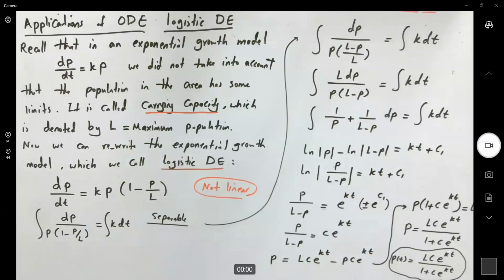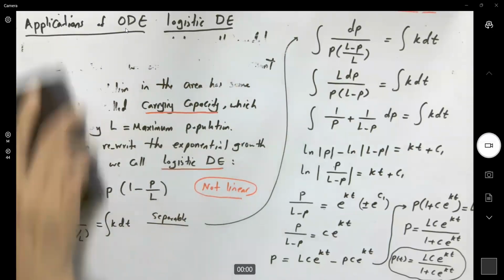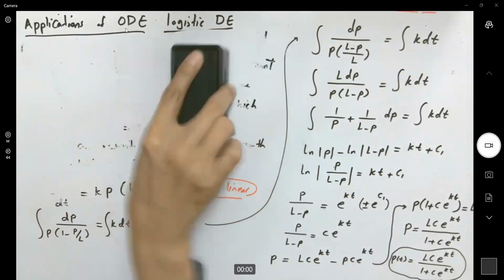Let's go over one example about the logistic differential equation. We have the following information in this example.